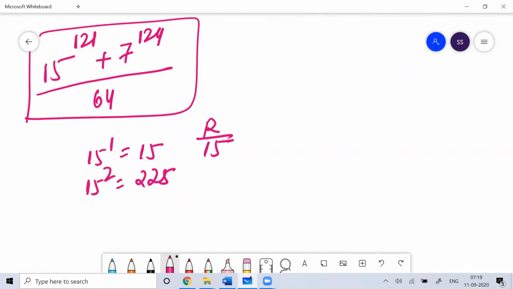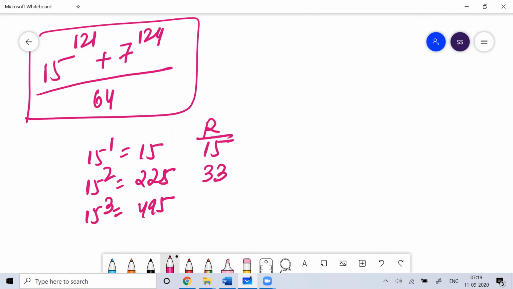If you divide by 64, 64 threes are 192, so the remainder is 33. Then 15 to the power 3 means 15 times 33, that is 495. Check 495 with 64.